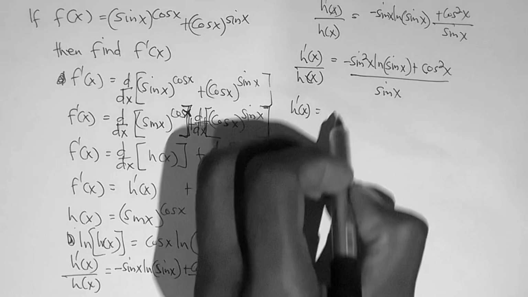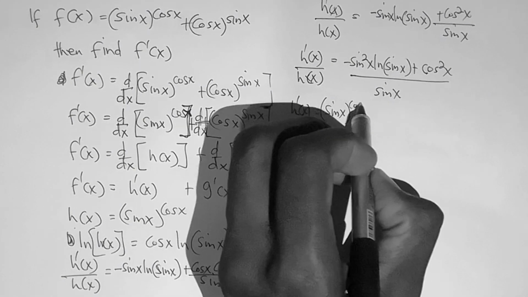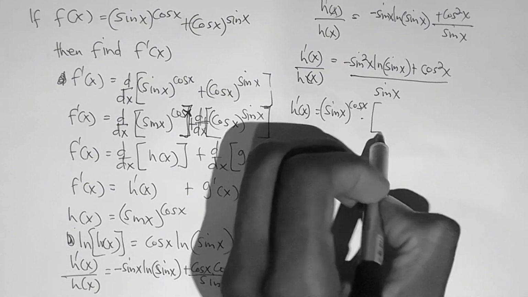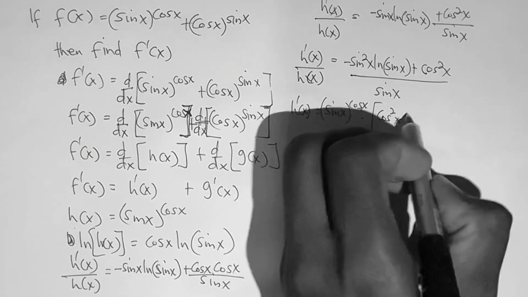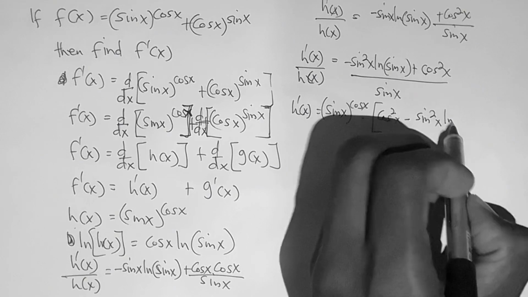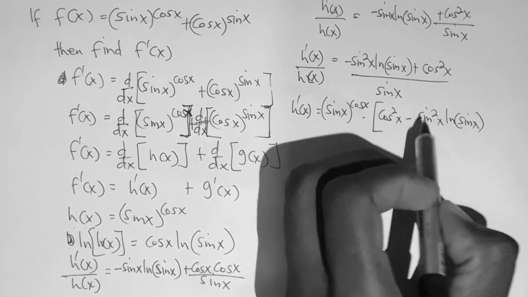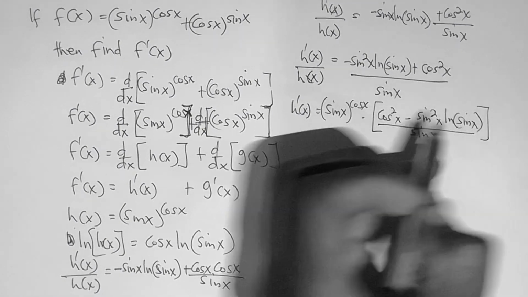H of x is sine x, all exponent cos x, then times into bracket cos squared x minus sine squared x ln into bracket sine x, all of that divided by sine x, bracket close.